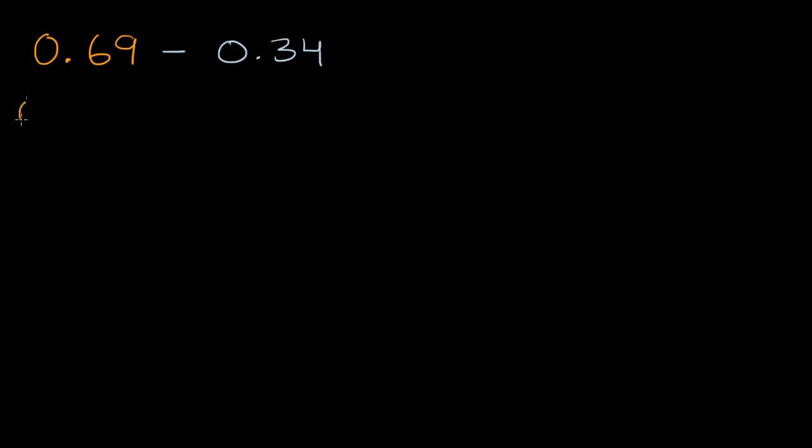So there's a bunch of ways to think about it. One way to think about it is this is 69 hundredths, and from that we are subtracting 34 hundredths. And so this boils down to I have 69 of something, in this case hundredths, and I'm going to take away 34 of them. So what am I left with?